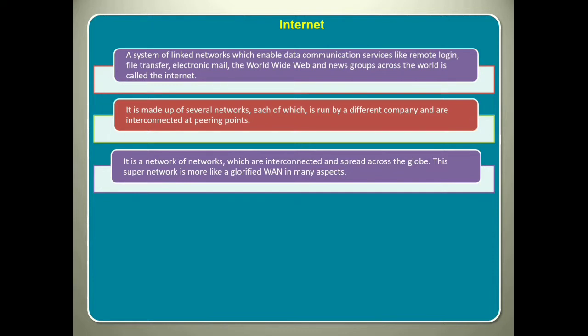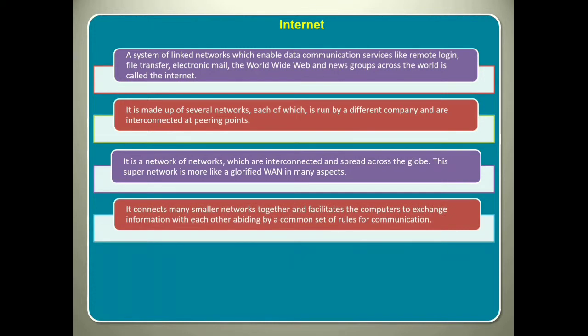This super network is more like a glorified WAN in many aspects. It connects many smaller networks together and facilitates the computers to exchange information with each other, abiding by a common set of rules for communication.